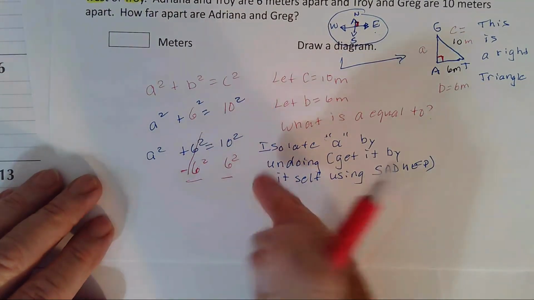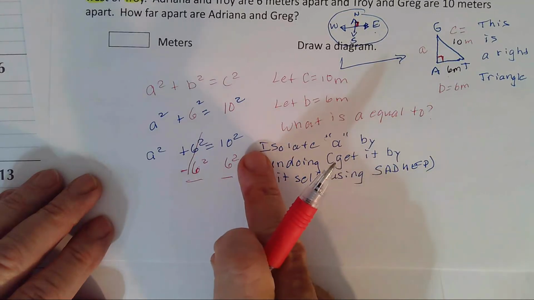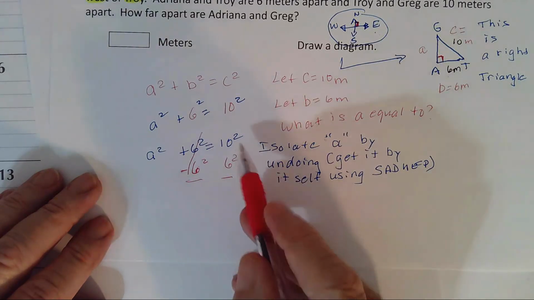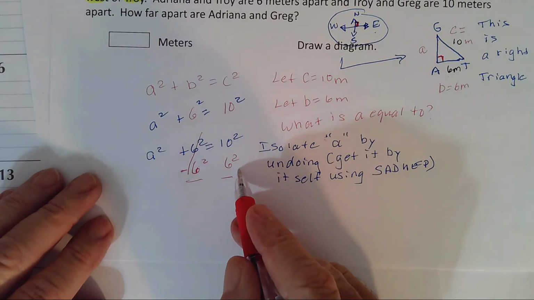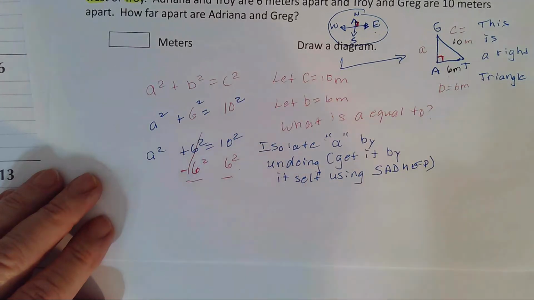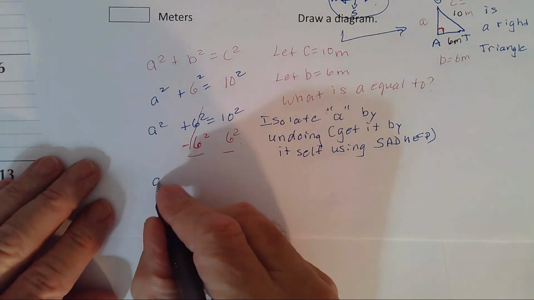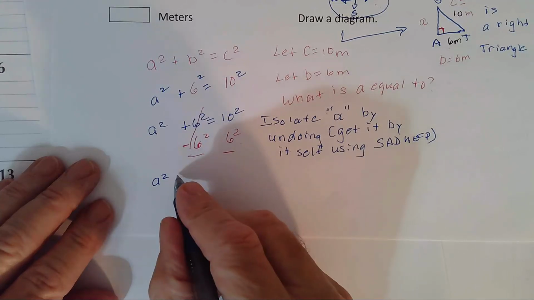Now I could have and should have probably started out by simplifying, which is really combining like terms, which is PEMDAS. I should have squared the 10 and squared the 6 beforehand, but I can do that now. That's one nice thing about geometry. We can be a little more lax when it comes to how we do the order here.